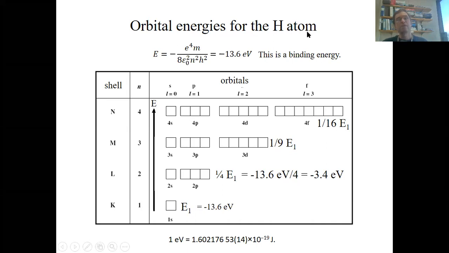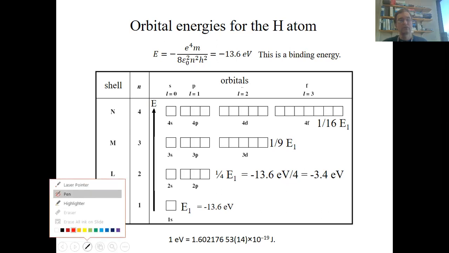Okay, so the Schrödinger equation is also capable of predicting the orbital energies, and the outcome is that the orbital energies are only a function of the quantum number n.